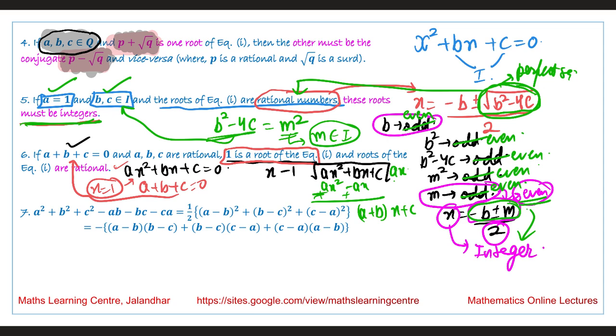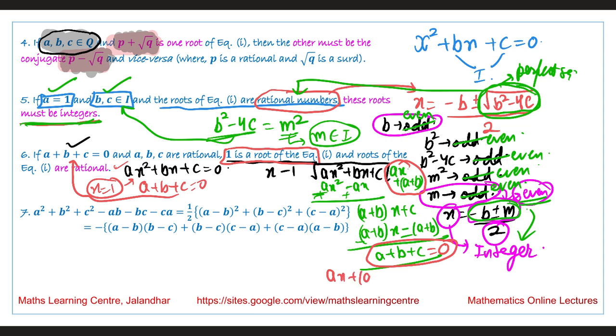So we are adding over here a plus b. So what we obtain from this is a plus b times x, and it is minus a plus b. So when we subtract these values, we will get a plus b plus c, and it is given that this term is equal to 0. So what we are saying is that the other root we have is ax plus a plus b.